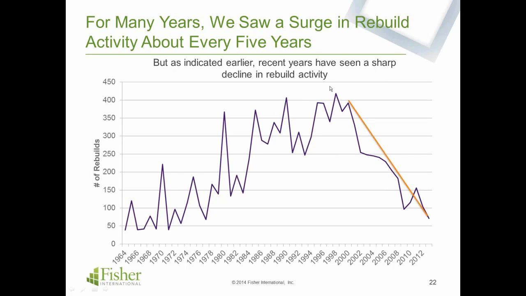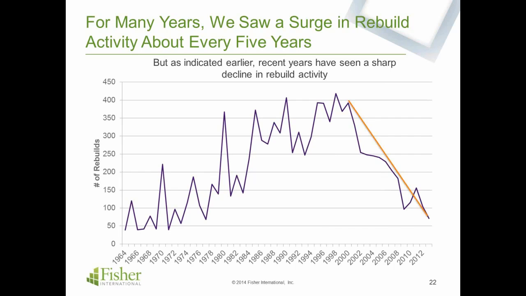We can infer that it's going to repeat itself every 5 years and sort of forecast rebuilds on a macro level. But the world changed here, and this pattern really was erased about 10 or 12 years ago. So that certainly complicates the ability to just do time series forecasting on a macro level for the total volume of rebuilds.